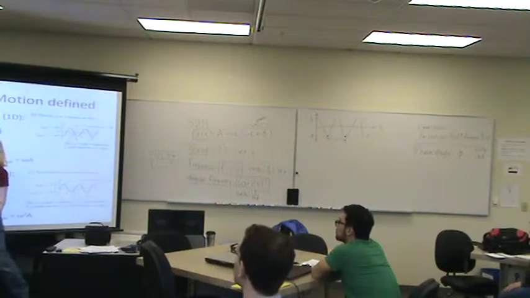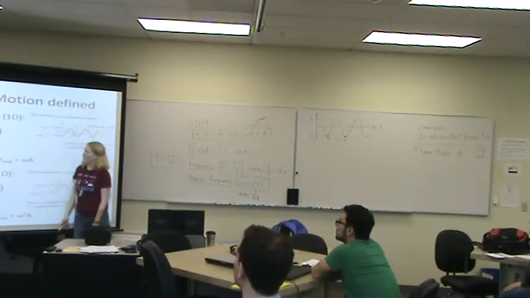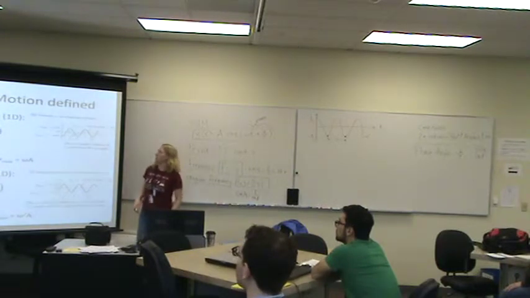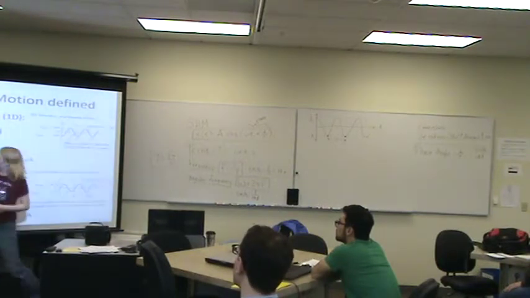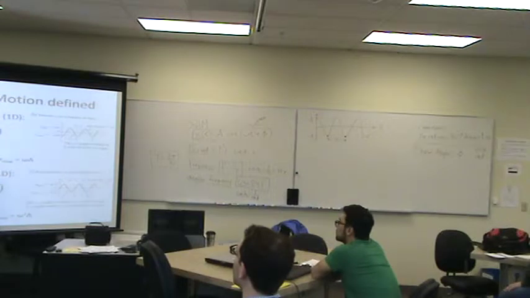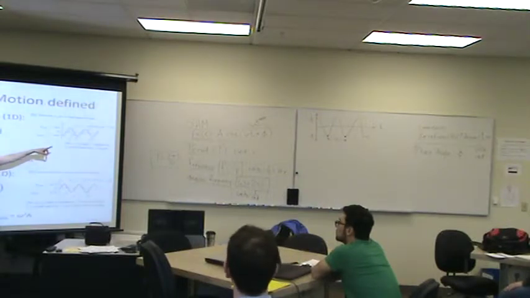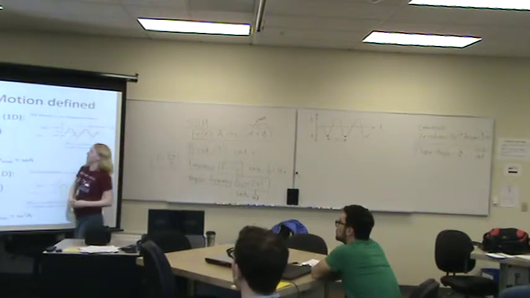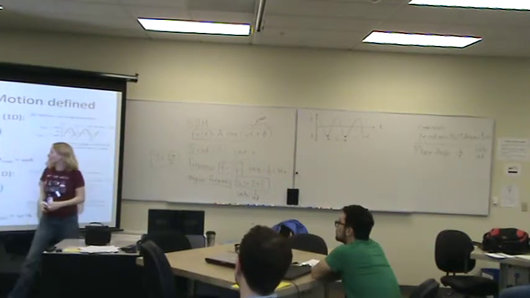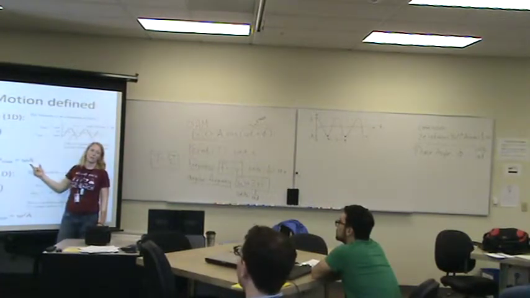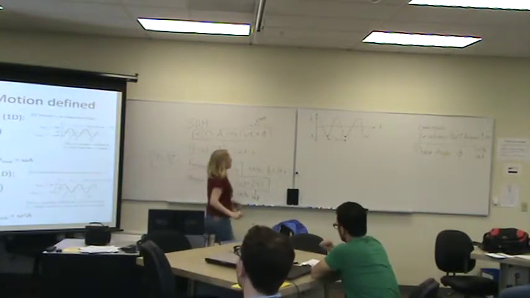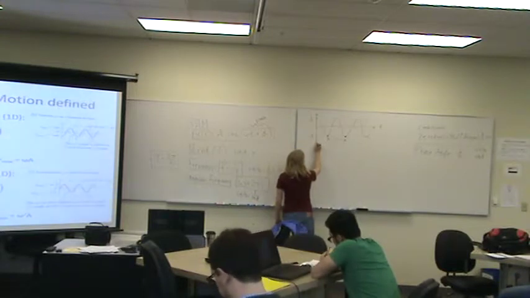That's why the velocity is negative omega A sine of the same phase. The term out front, like on our x of t, is our peak value. So our peak value is omega times A. You could also write that as V max, so V max is omega times A.